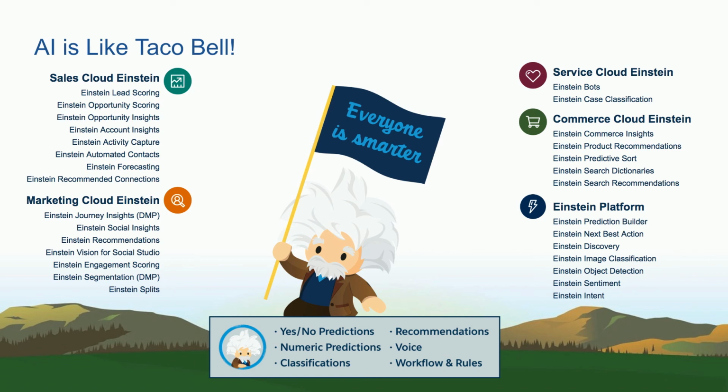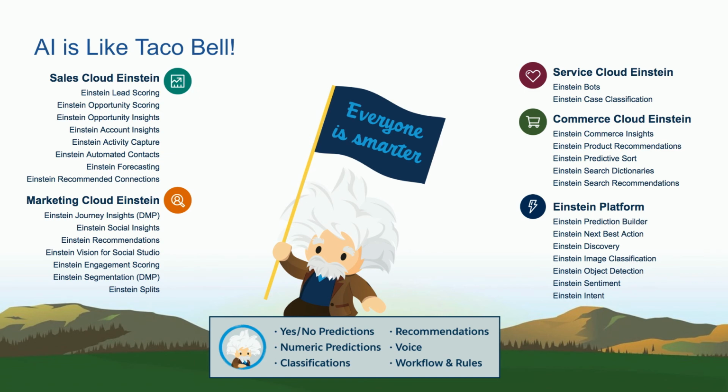Now, these predictions are not always correct. It's not that easy to predict the future. But let's say you're a sales manager or an RVP using Einstein forecasting, and you're looking at a deal, and the rep says, this deal is going to close this quarter for $1 million. And Einstein says, this deal is not going to close this quarter, and it's $100,000.